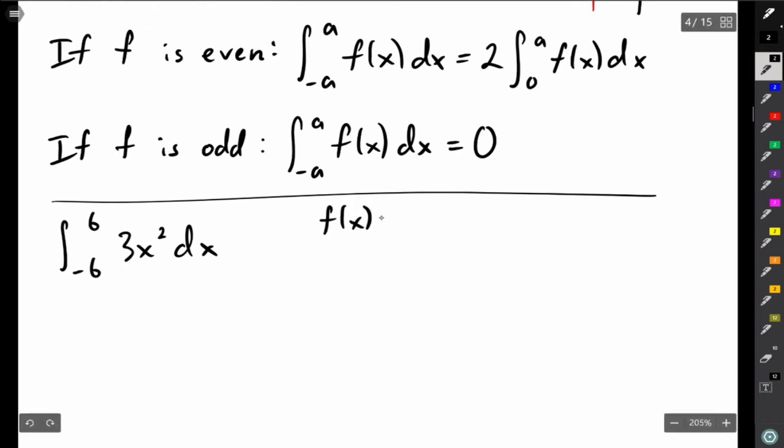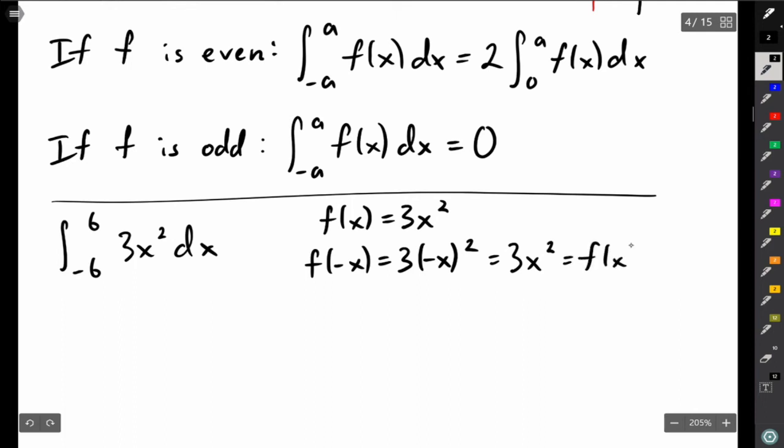So if f of x is 3x squared, f of minus x is 3 times negative x squared. But when I square negative x, I just get x squared back. So that's f of x. So this is even. So this integral here, we can just double it and cut the interval in half.